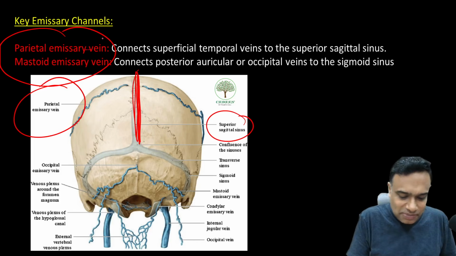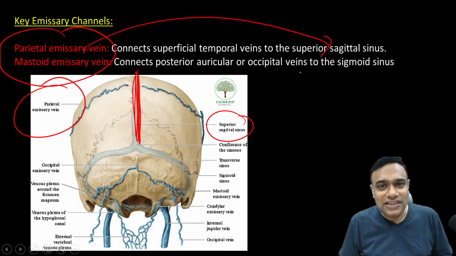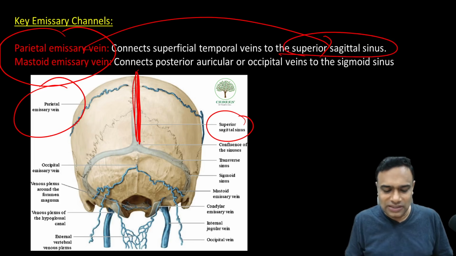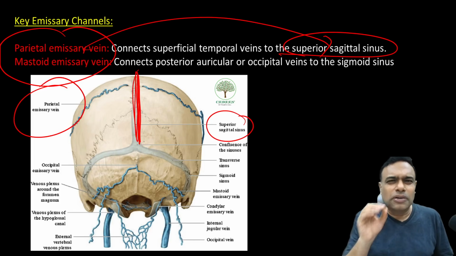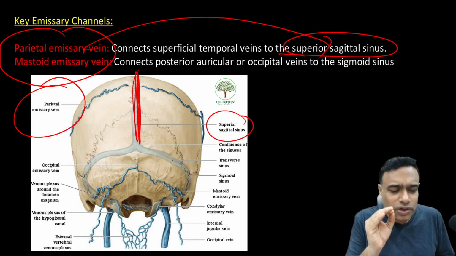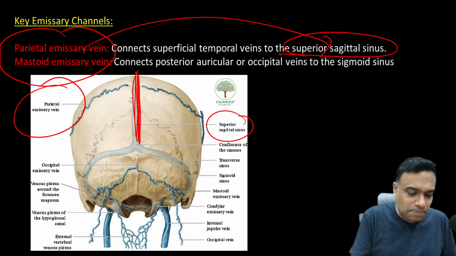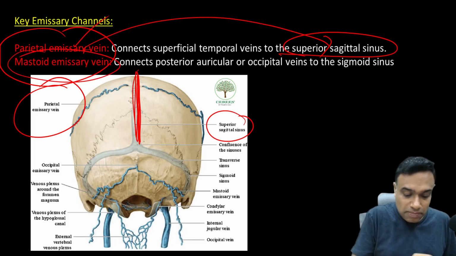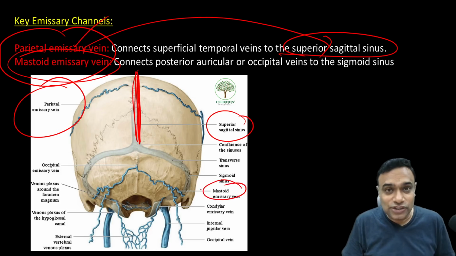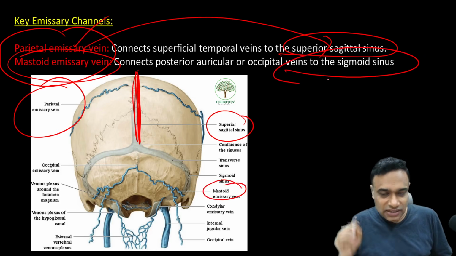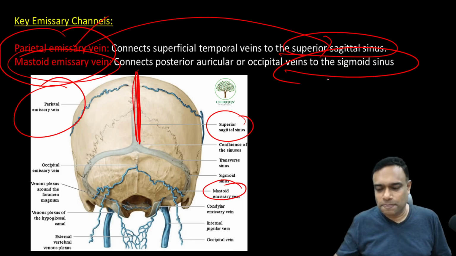So the parietal emissary vein connects the superficial temporal veins to the superior sagittal sinus. Not very important, but please note that the most important emissary channels are the parietal emissary vein and the mastoid emissary vein. Here, the mastoid emissary vein takes it into the sigmoid sinus.